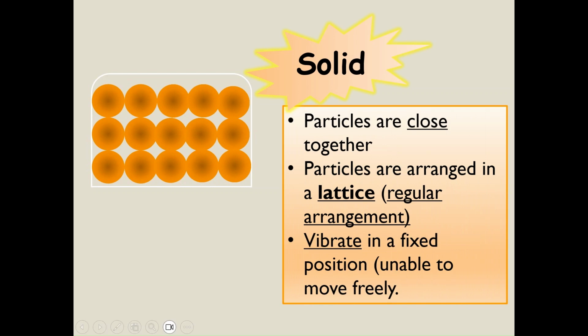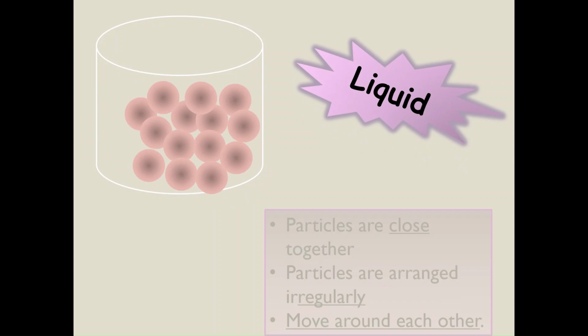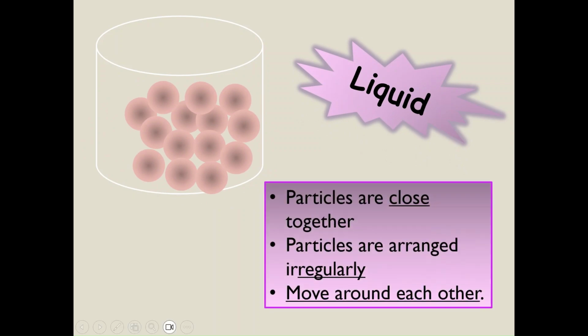They don't move freely, unlike a liquid, whose particles move faster and more freely than a solid's. Here particles are close together too, but we have more intermolecular spaces than in a solid, of course, and they are arranged irregularly and move around each other.